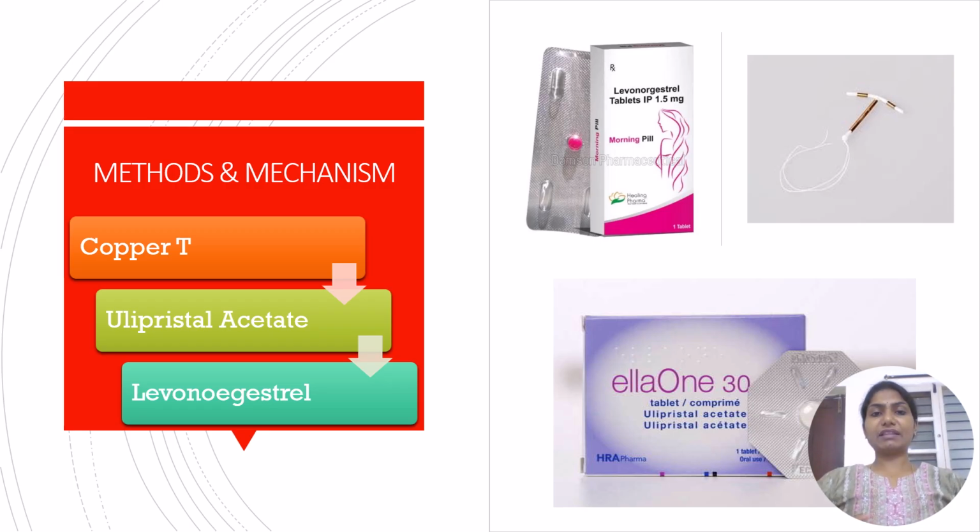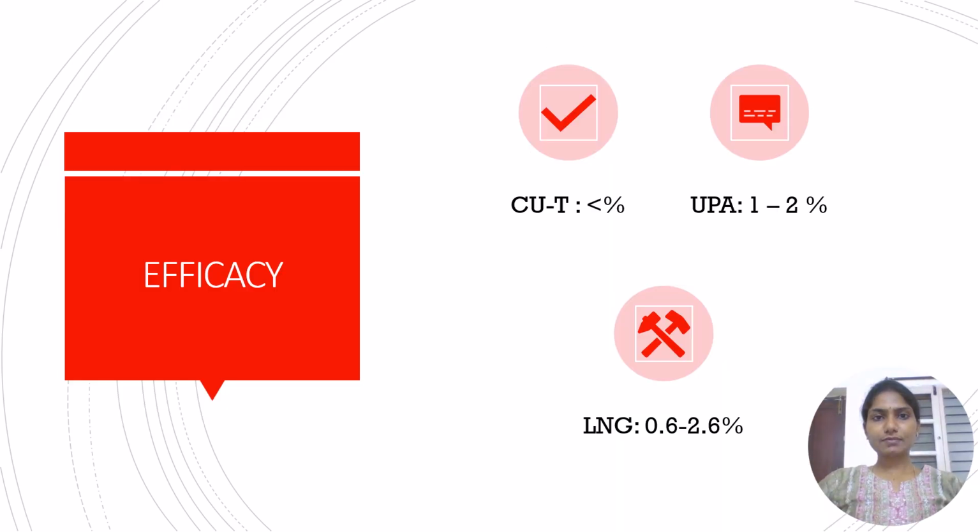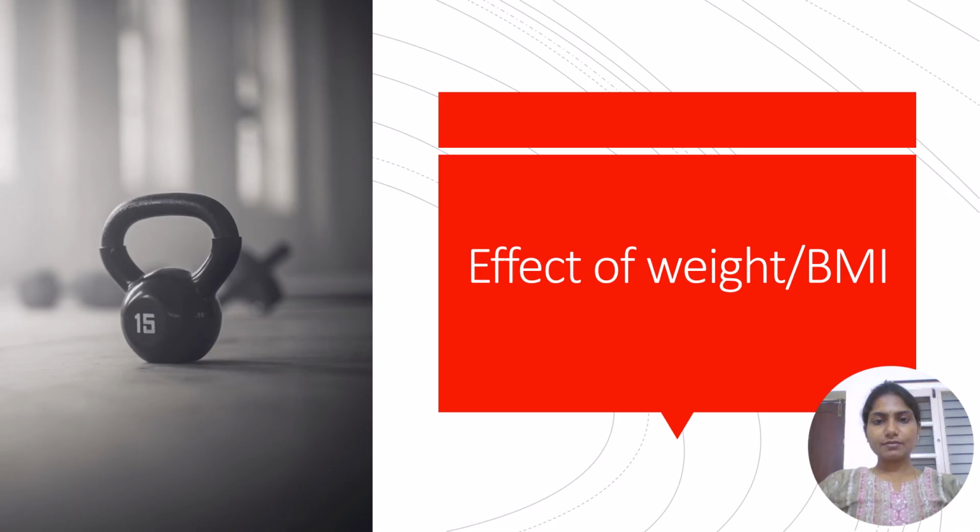So these are the methods available and the main mechanism to prevent pregnancy. As I already mentioned, the pregnancy rate in copper T is less than 1%, followed by ulipristal acetate, that is 1 to 2%, and lastly levonorgestrel, that is 0.6 to 2.6%.